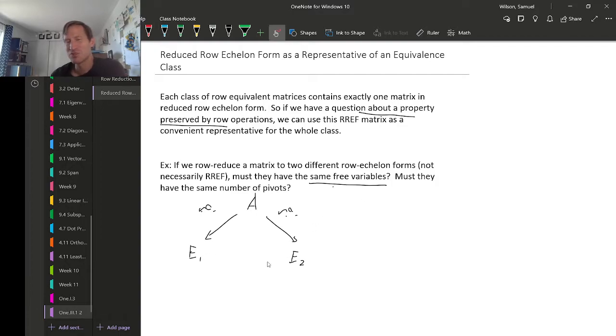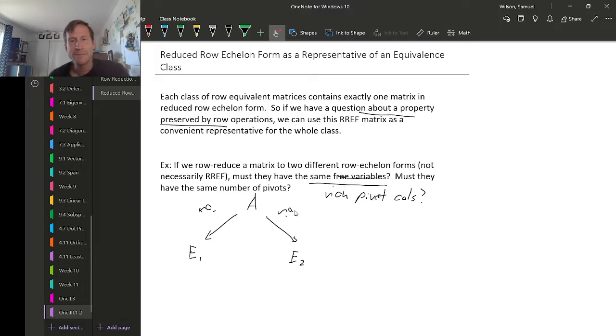I guess since we're talking about matrices, instead of the term free variables, I should say non-pivot columns. Because of course, a free variable corresponds to a non-pivot column if we're talking about systems of equations.